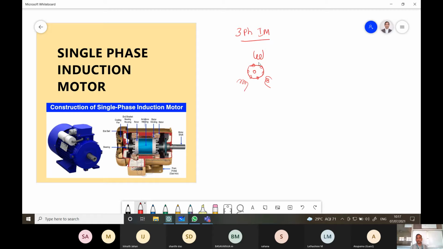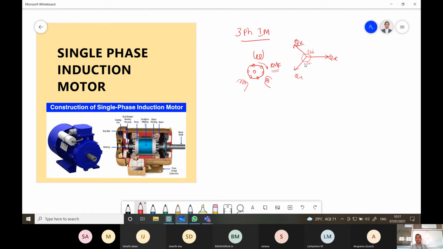Within that, a rotating magnetic field is produced because of the three phases, that is, three fluxes produced 120 degrees apart: phi r, phi y and phi b.